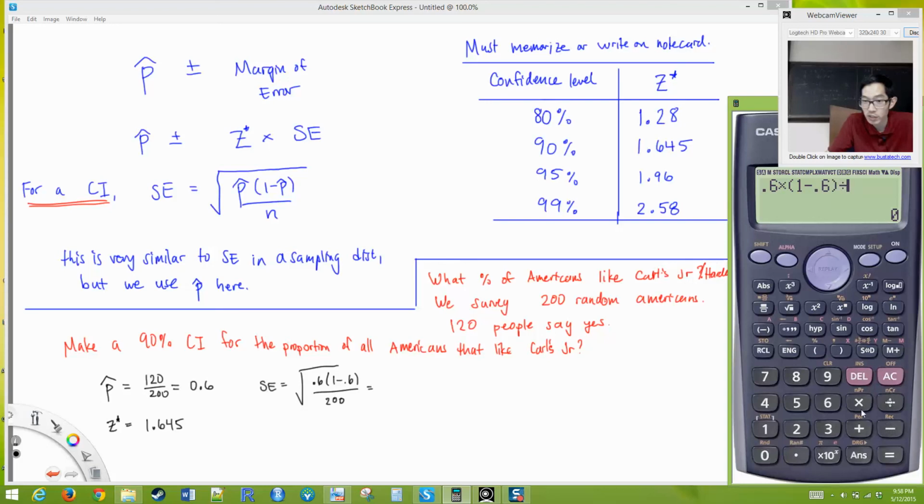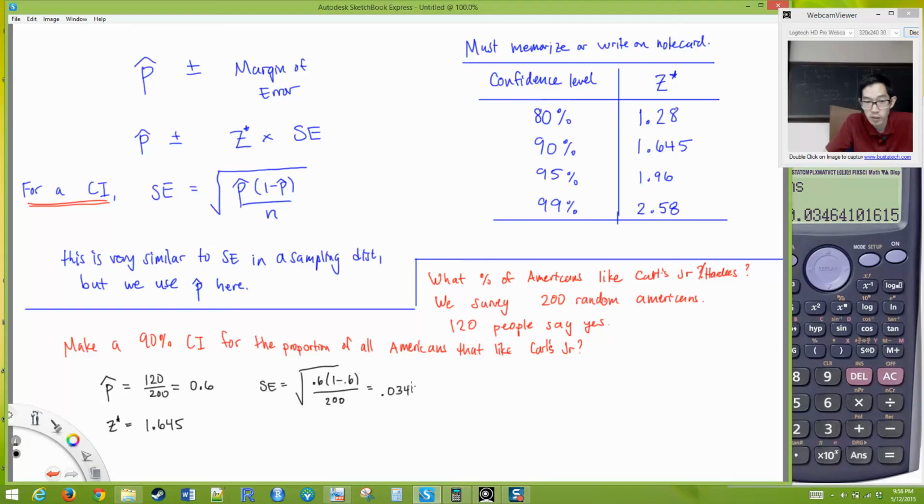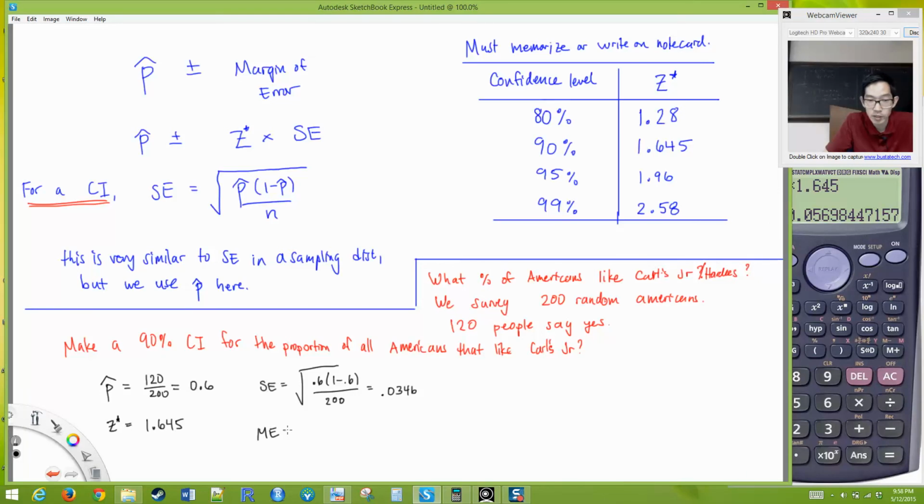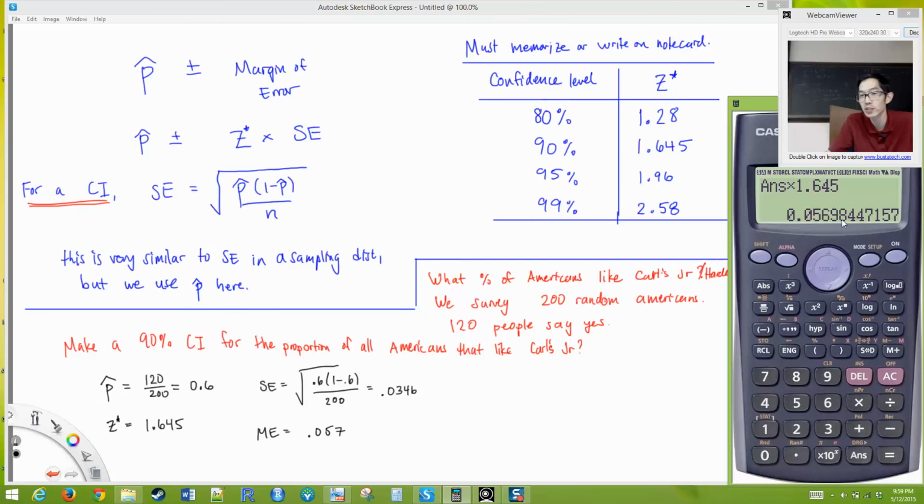We take the square root of this, I get 0.0346. And I'm going to multiply that by 1.645. So my margin of error, when I multiply this and that together, I get 0.05698. I'm going to just round off to 0.057.